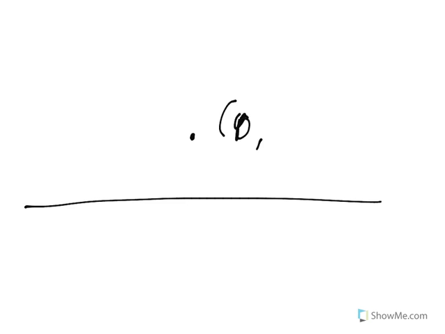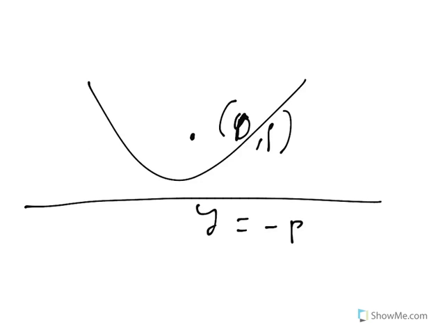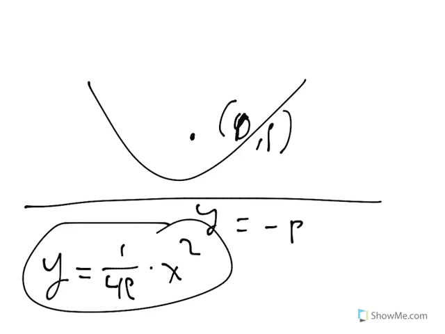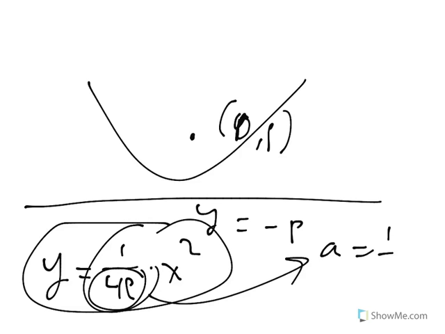In general, if I call this (0, p) and y equals negative p, and I do the same process, I'm going to get y equals 1 over 4p times x squared. You can rework that yourself. So what this means is that the a value is 1 over 4p.